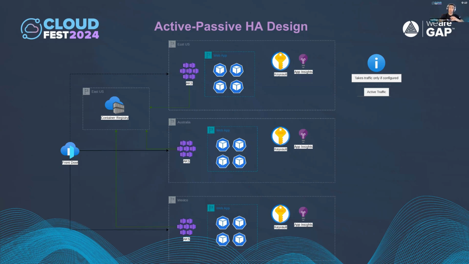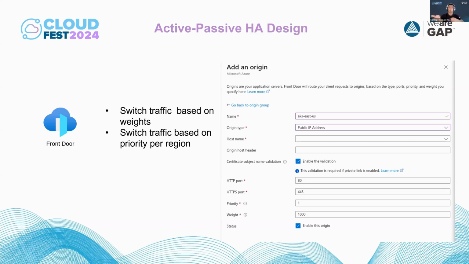Here a very special configuration comes into place for services like Front Door, because you will be able to switch traffic based on the weights that each region has. Switching traffic based on weight per region is going to be pretty helpful here, because as you can see in the example, you can send requests between one application and the other and choose a weight and a priority to send the request.